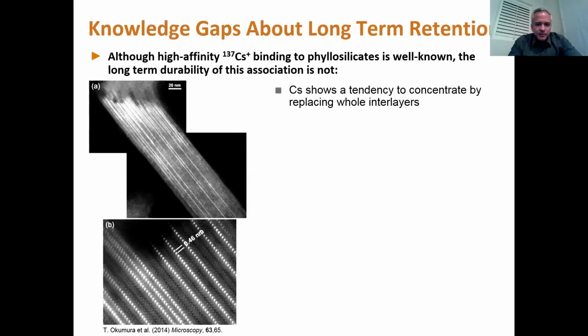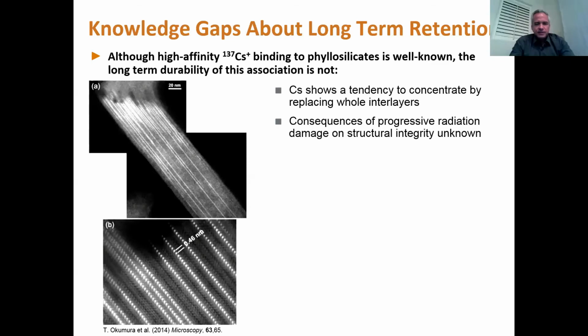These are TEM images that show that if you concentrate cesium in solution and expose these clay minerals to that concentrated cesium solution, the cesium will preferentially segregate in the interlayers and form concentrated domains. The reason that is interesting is that if the cesium is causing radiolytic damage, let's say to the crystal lattice, if you damage one of those layers, then you could be risking delamination and re-release of the residual parent isotope.